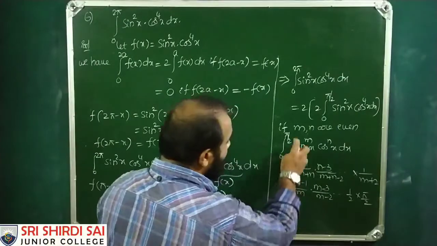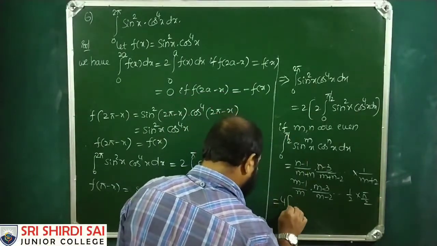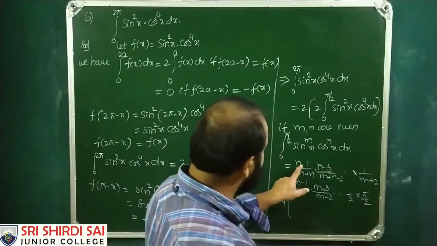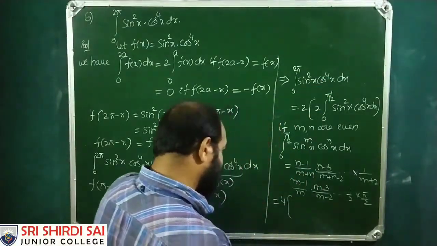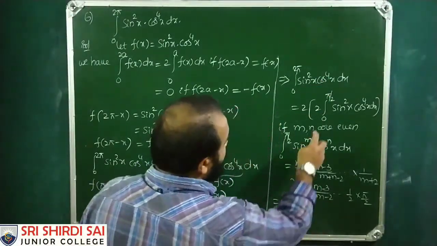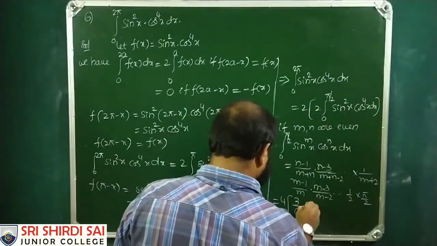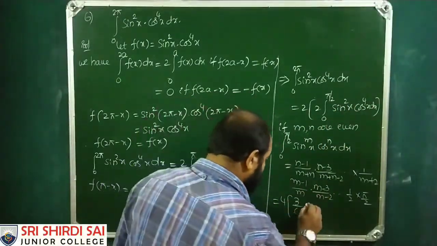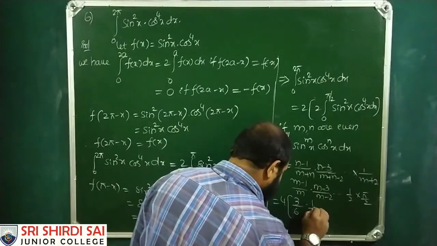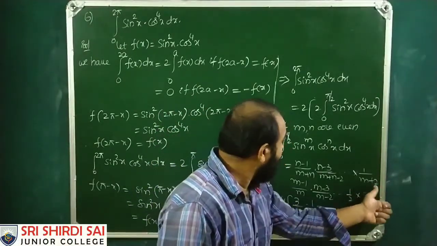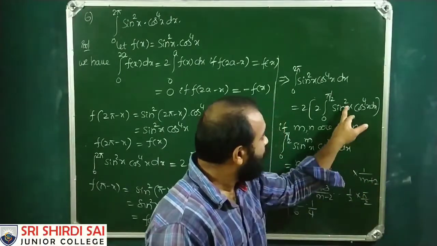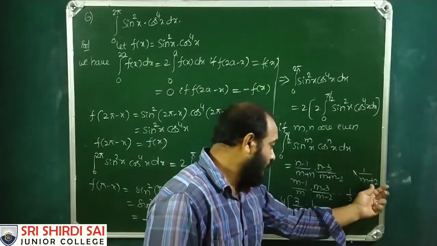So this is 2 2s are 4 into n minus 1. N is 4, so 4 minus 1 is 3 by 2 plus 4 is 6. Further reduction is possible: 1 by 4. You may check with this: m plus 2, m is 2, 2 plus 2 is 4, so we get this.